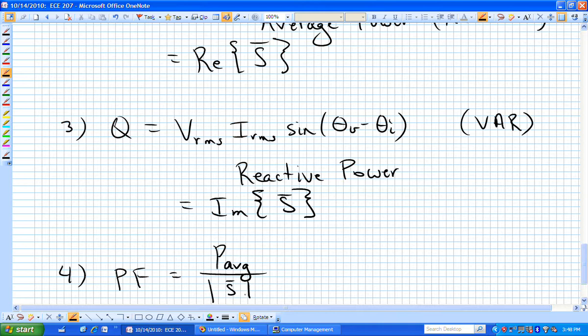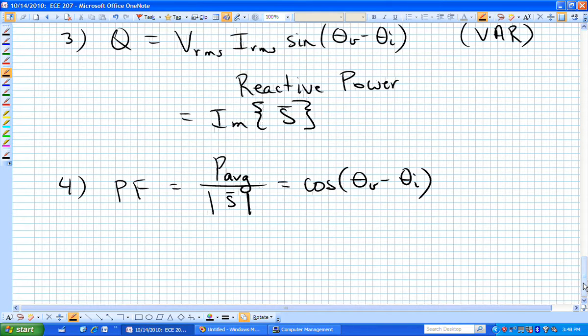The apparent power is just the magnitude of S. But what's P average? P average is the magnitude of S times cosine of theta. We take the ratio of that, and that's now just the cosine of theta sub V minus theta sub I. That is our power factor.